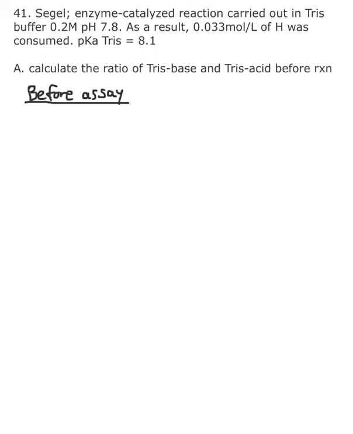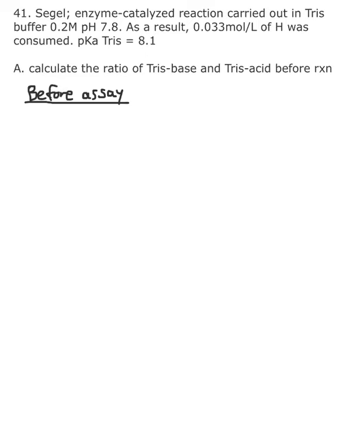Okay, for number 41 from the book Segel, you have a reaction carried out in a Tris buffer, 0.2 molar, pH 7.8. As a result, the proton was consumed, 0.033 molar.